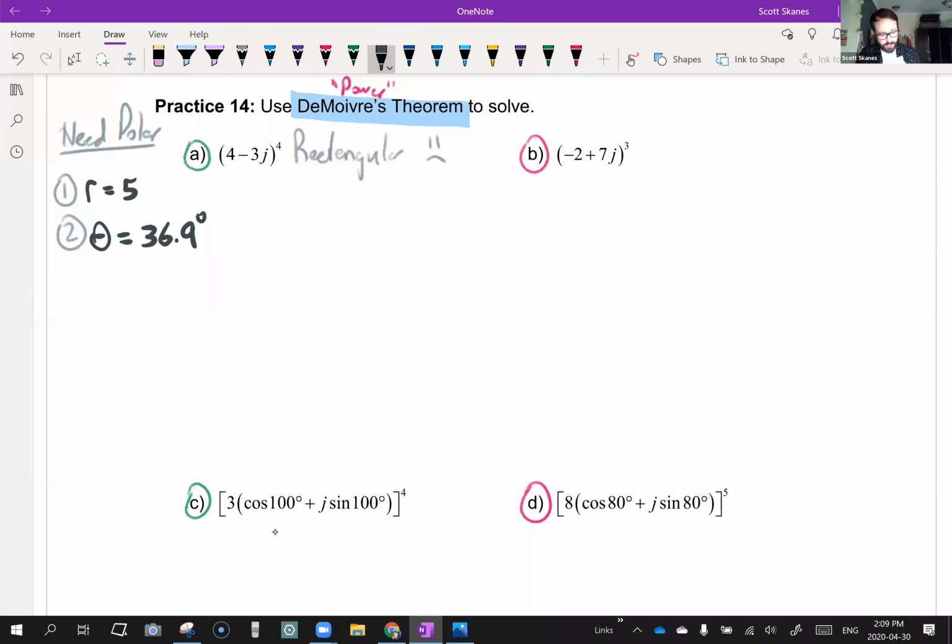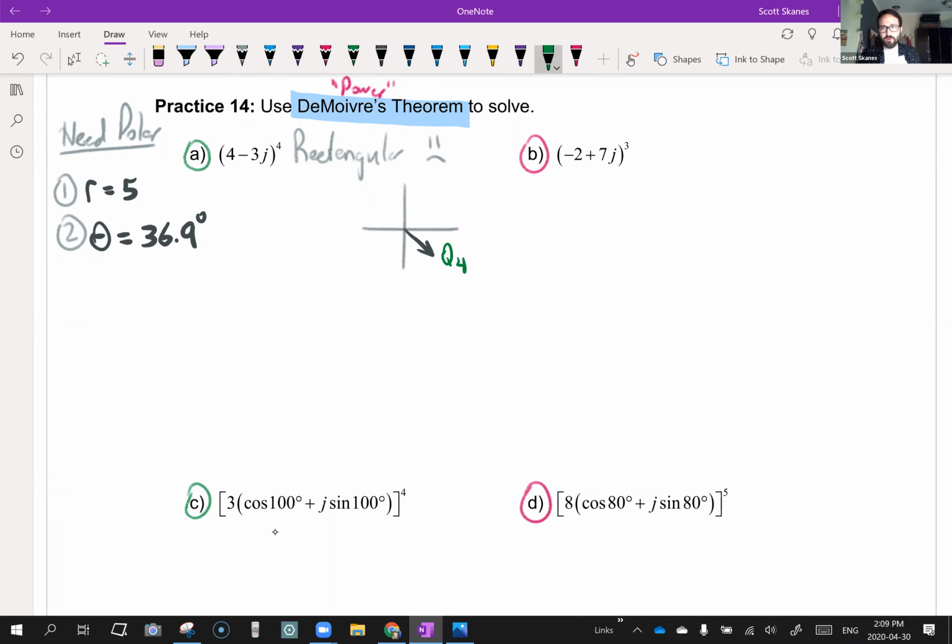We need to use the reference angle idea again, because we can't trust that number until we know if it's a reference angle or not. So it goes right and down, so it's in quadrant 4.